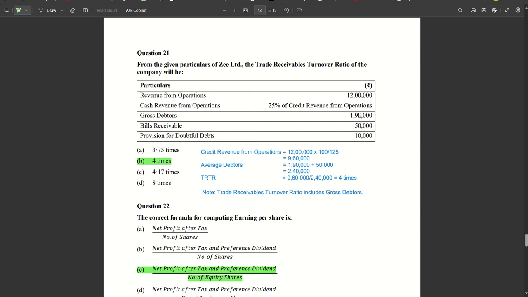Average debtors will be the sum of gross debtors and bills receivable, which is 2 lakh 40. So trade receivable turnover ratio is 9 lakh 60 divided by 2 lakh 40, which is 4 times. Again, one important point, provision for doubtful debts will not be considered here because for trade receivables turnover ratio, we do the calculation on gross debtors and not the net debtors. This is given to confuse you. So be careful.